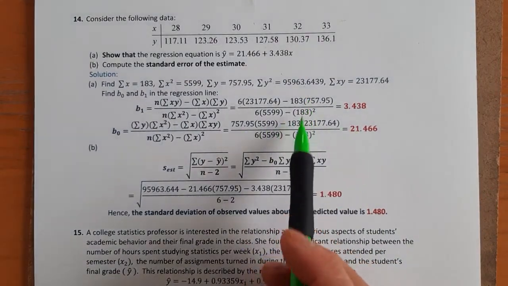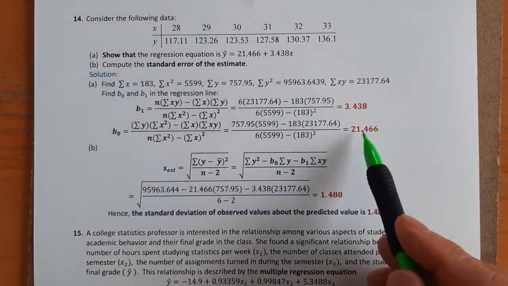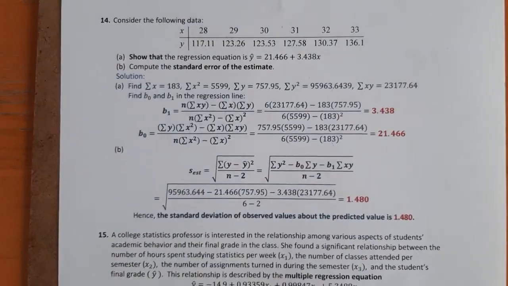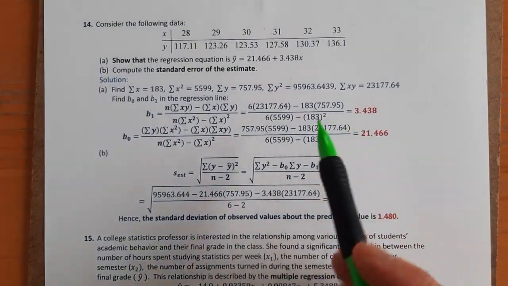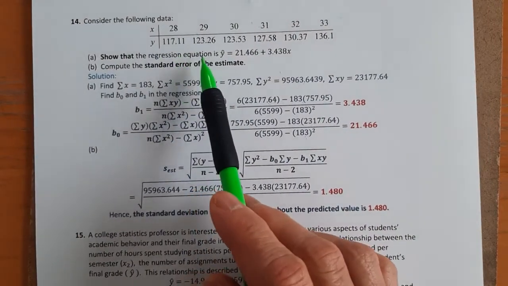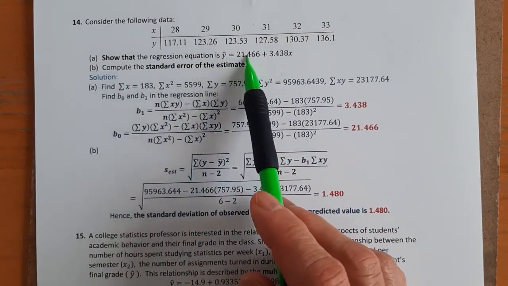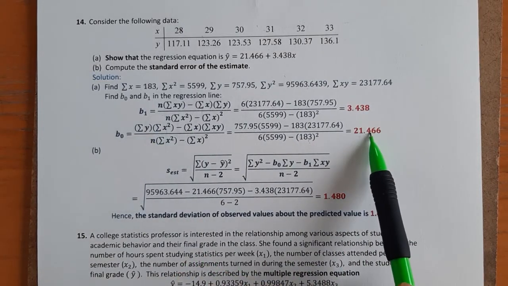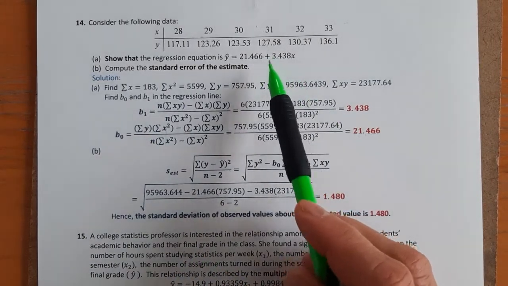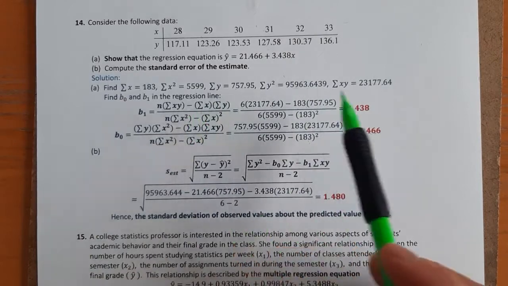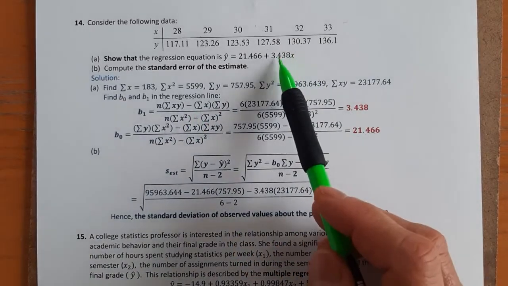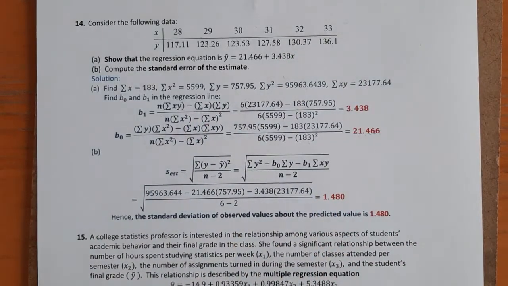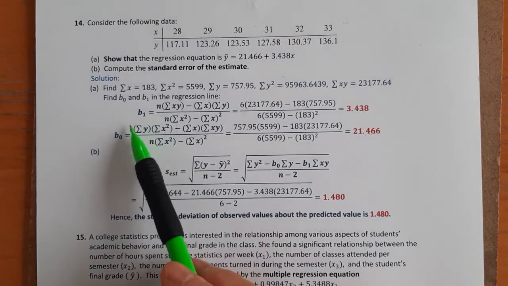Using a calculator, you get 21.466. That proves the regression equation: y hat equals the y-intercept b0, 21.466, plus the slope, 3.438x. That is the proof. So you have to show b0 and b1.